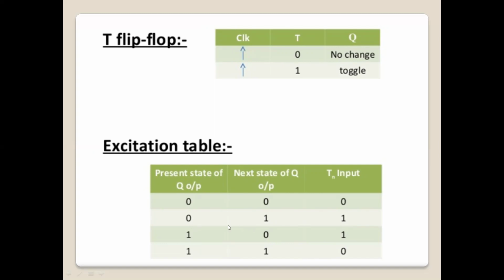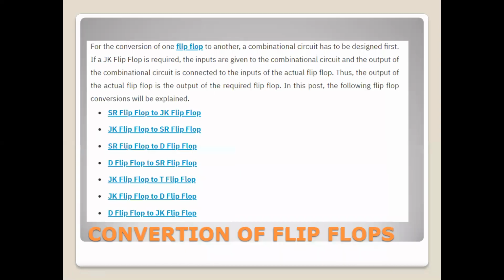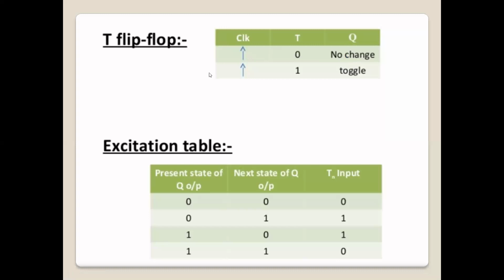If present state is 0, next state 1. If present state is 1, next state is 0. That is toggle. If present state is 1 and next state also is 1, the output remains the same. For that we can give 0. For 0 input at the T input of the flip-flop, the output will not change. So that's all about the excitation table of flip-flops.